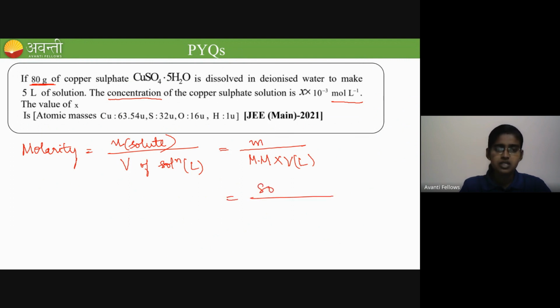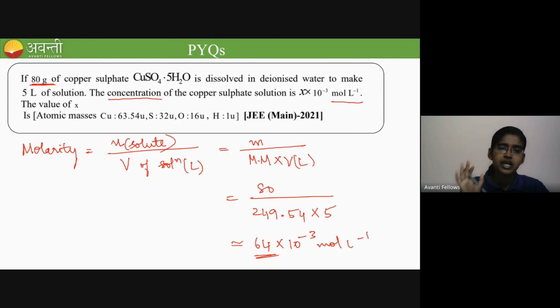And the molar mass of this compound, copper sulfate pentahydrate, if we add the atomic masses and calculate the molar mass, we will get 249.54. And the volume is 5 liter. On calculation, we will get 64 into 10 to the power minus 3 mole per liter. So 64 is the value of X. Just apply the components in the formula. That's all. Very important. Okay.